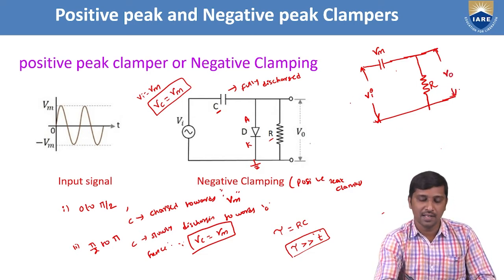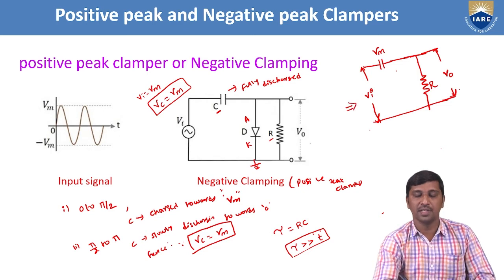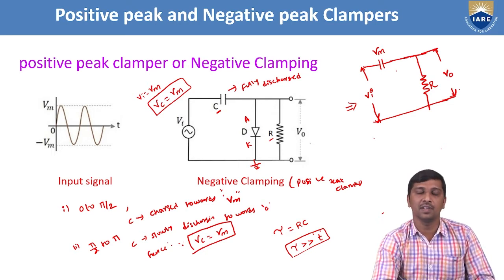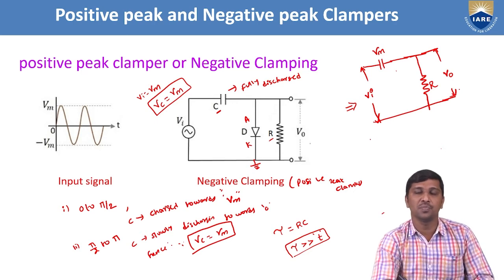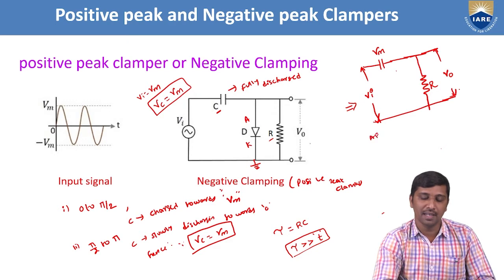So this is the equivalent circuit when the diode is in conducting mode. Now we need to write the mathematical relation, and from that we need to observe the output voltage of this positive peak clamper or negative clamping circuit, for which we apply KVL.